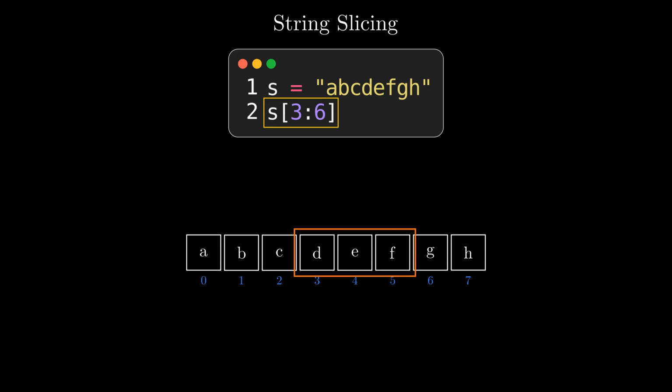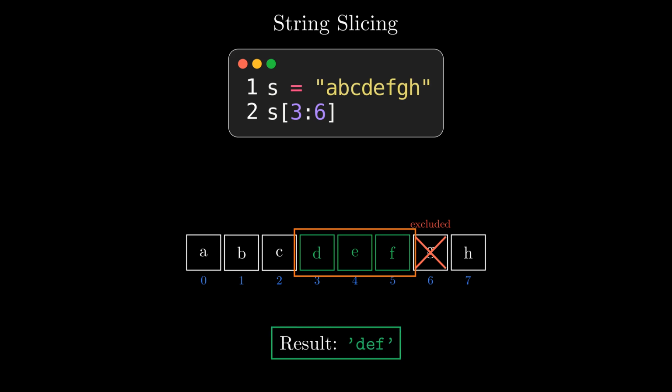No step is given, so it defaults to +1, moving left to right. Python starts at index 3, the character D, and it takes characters up to but not including index 6. So it grabs D at 3, E at 4, F at 5, then stops before G at 6. The result is the substring DEF, 3 characters, and the stop index is excluded.